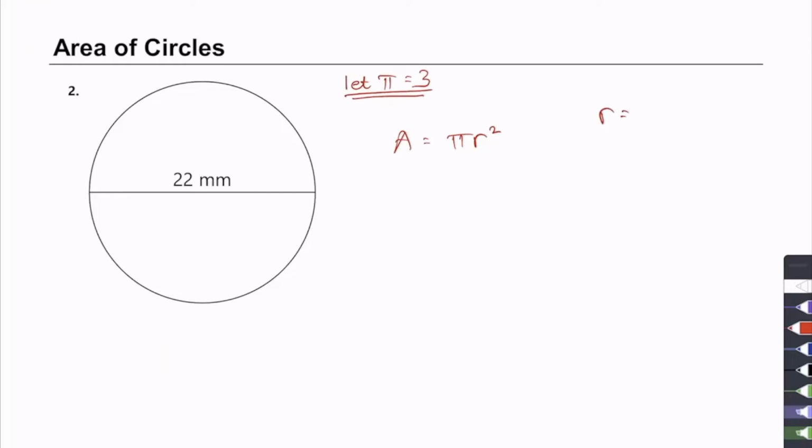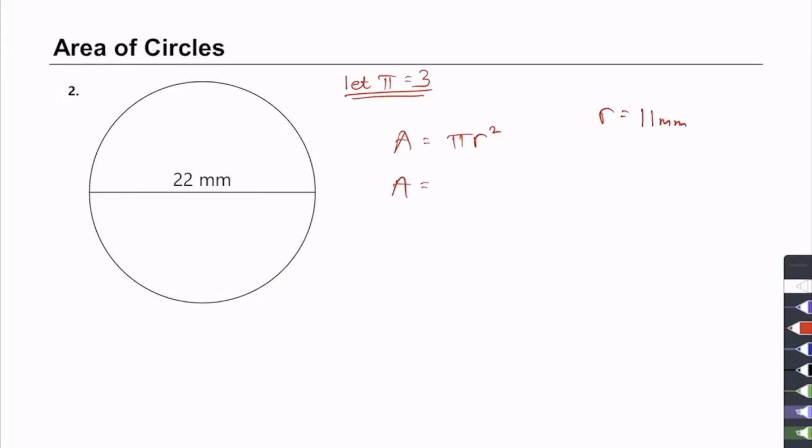Remember, the diameter goes from one side of the circumference to the other side of the circumference through the center of the circle. And the relationship between the diameter and the radius is that the diameter is twice the radius, or the radius is half the diameter. So we have a diameter of 22 millimeters. Therefore, my radius is 11 millimeters.